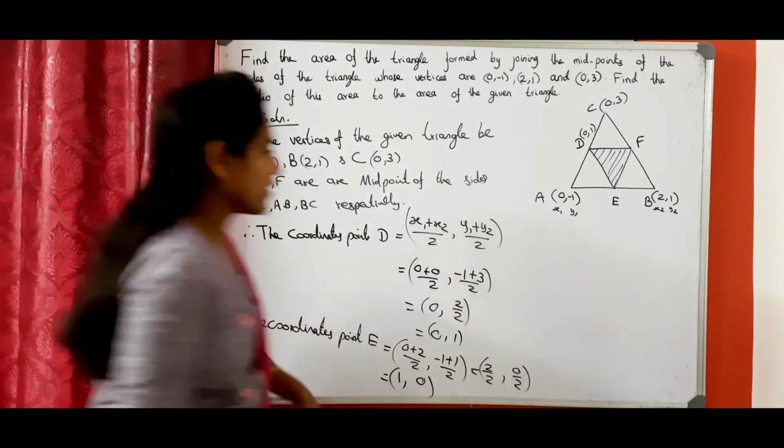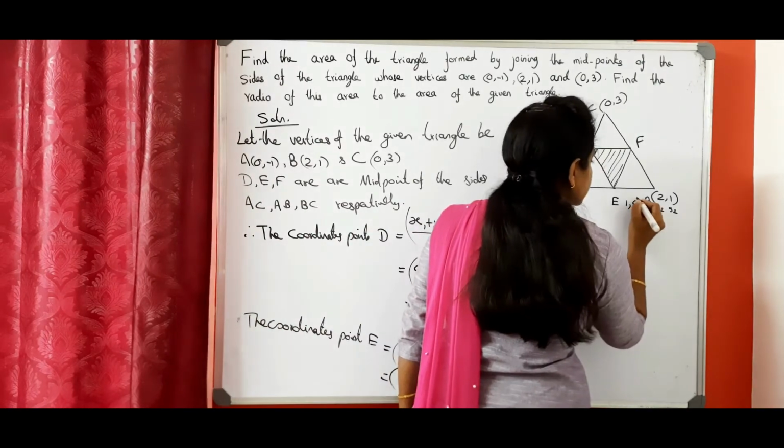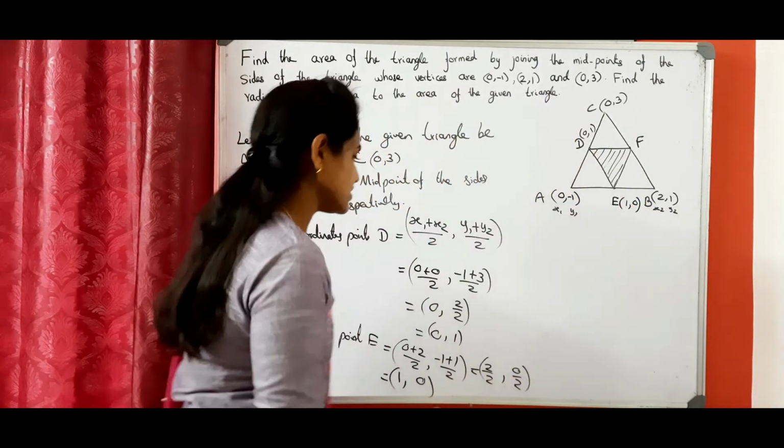Therefore the coordinate point E is (1, 0).